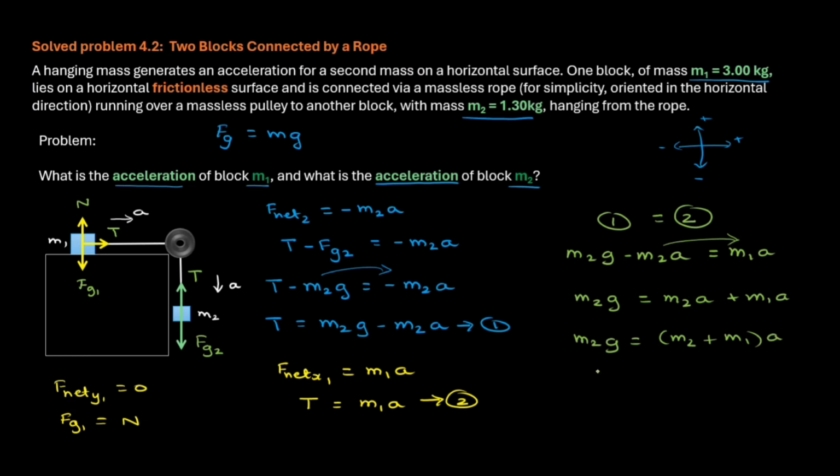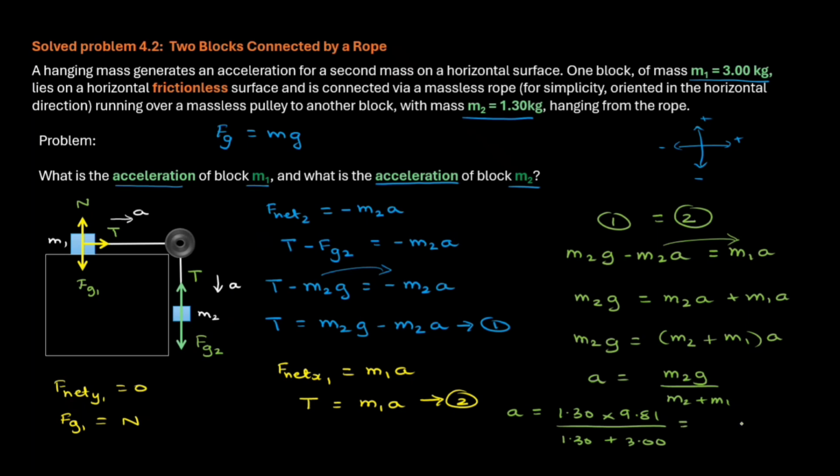We need to find the acceleration a, so we divide by m2 plus m1 on both sides. We get a equals m2g over (m2 plus m1). Now substitute. m2 is 1.30 times g, 9.81, over m2 again 1.30 plus m1, which is 3 kilogram.